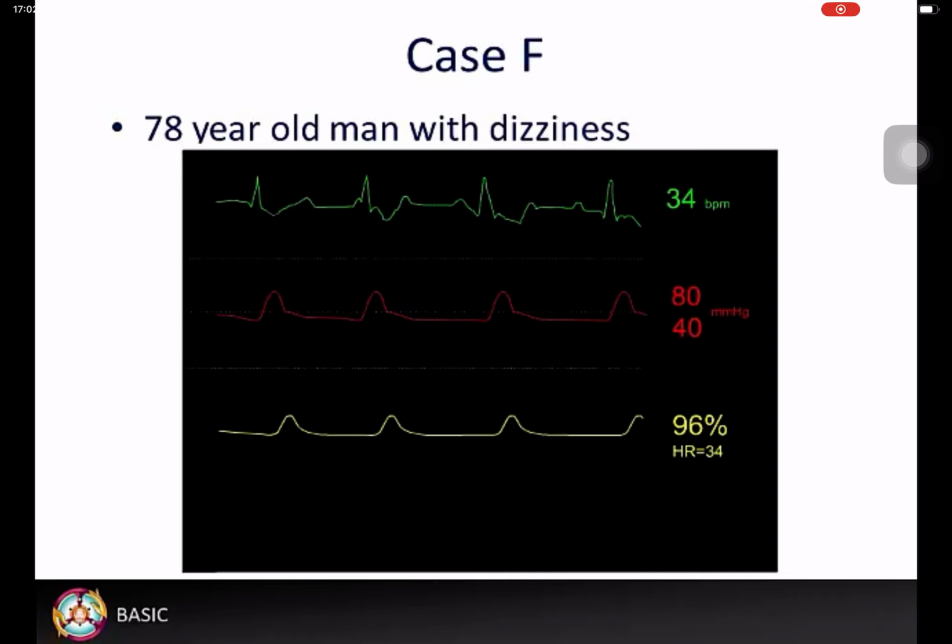Our last case is a 78-year-old man with dizziness. His ECG tracing shows a profound bradycardia with a complete dissociation between P waves and QRS complexes.